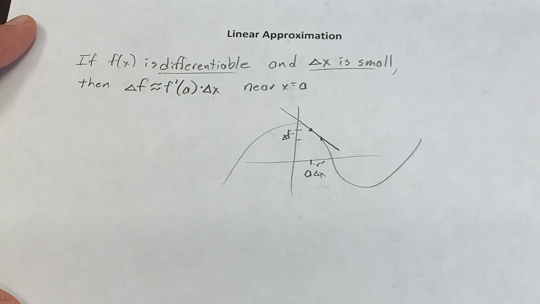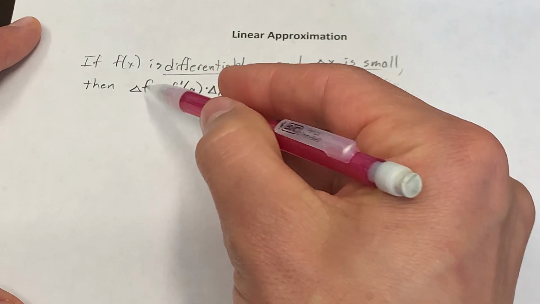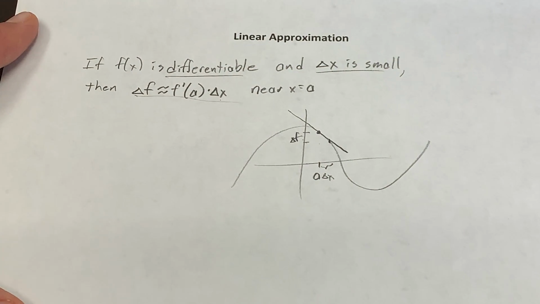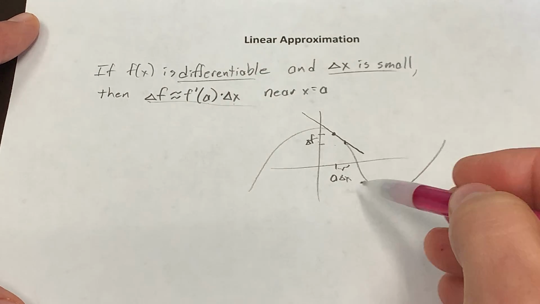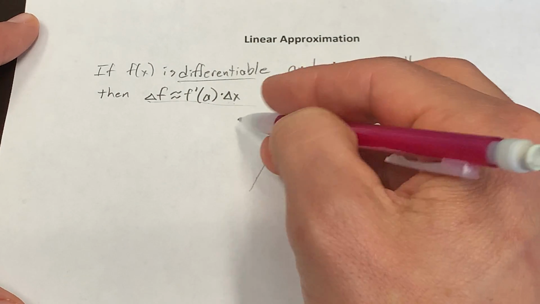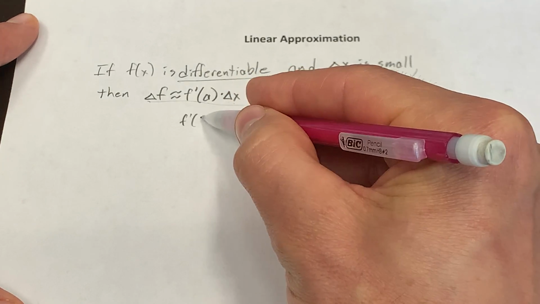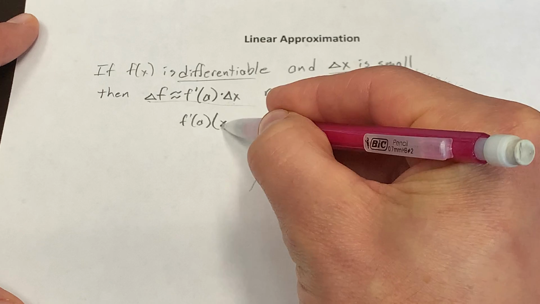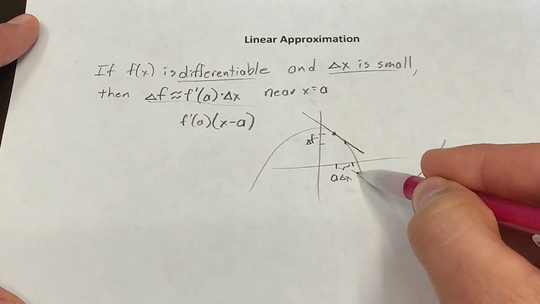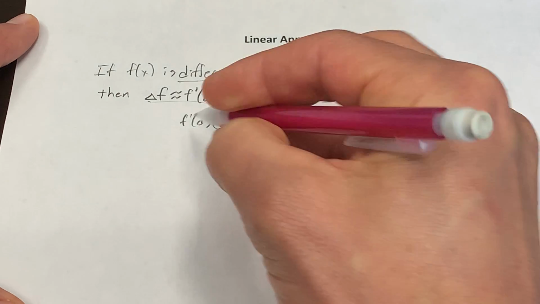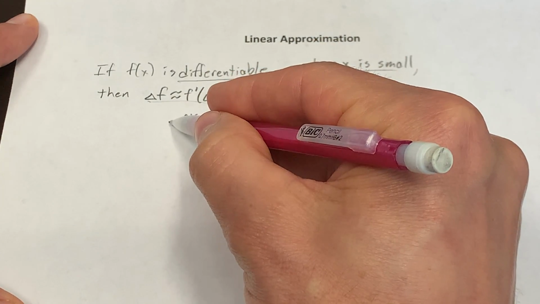Now, this is really very parallel to the tangent line. Think about it. You can say, well, what is delta x? Delta x is really x minus a. If I have some other point x here, it's the distance between x and a. And what's the change in f?